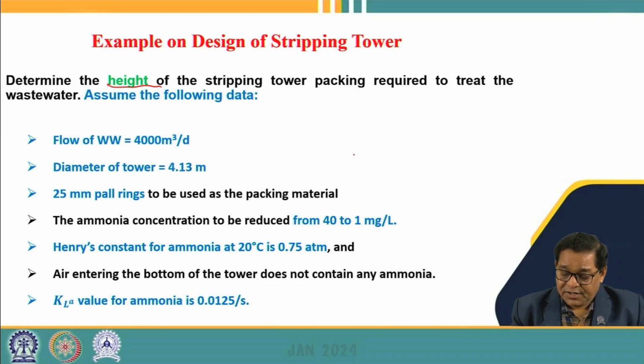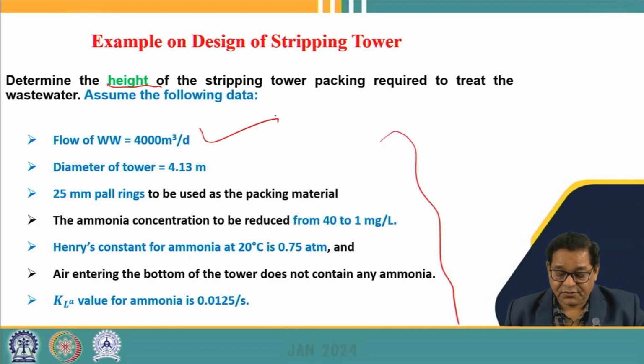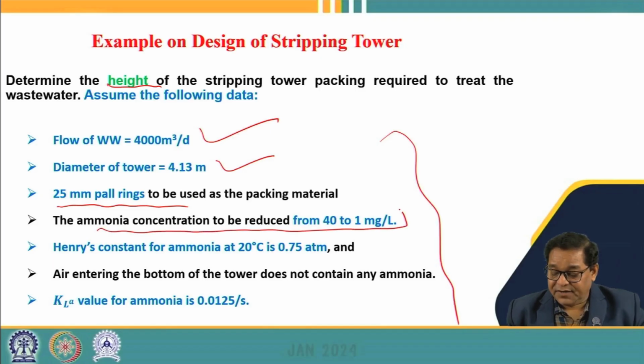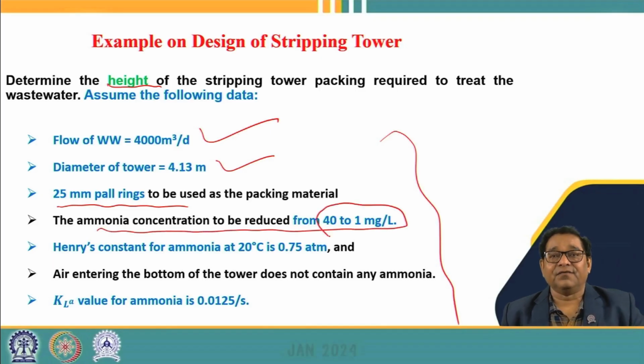So we can assume this data: flow is given as 4000 meter cube as per the previous example, and the diameter of the tower we can assume 4.13 meter, and there is packing media made of 25 pall rings. The ammonia concentration again is the same, 41 milligram per liter, which must be reduced.